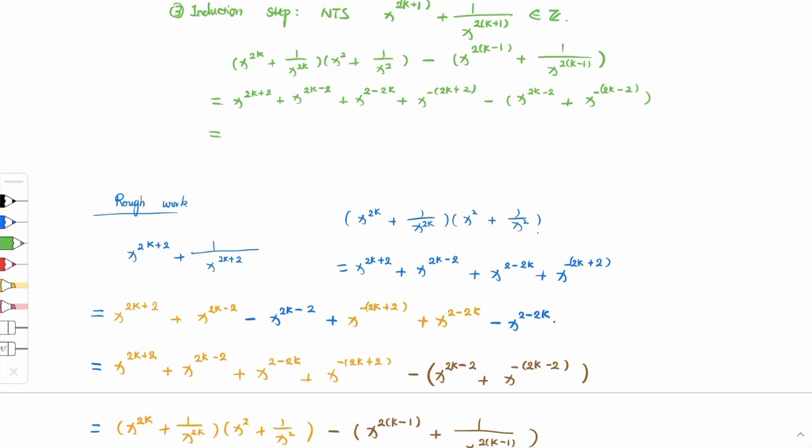And then this is the same as x to the 2k plus 2 plus x to the 2k minus 2 minus x to the 2k minus 2 plus x to the negative 2k plus 2 plus x to the 2 minus 2k minus x to the 2 minus 2k. Okay, so those cancel out. You get back to whatever we need to prove.